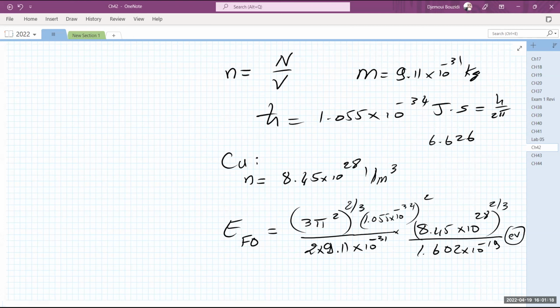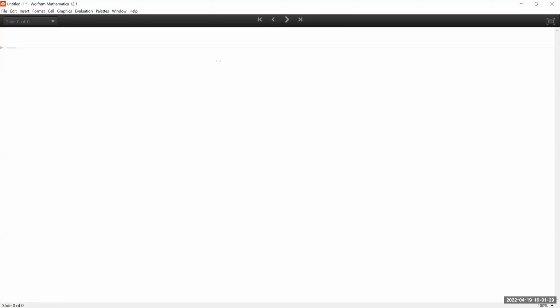So if I do that, let me stop sharing and share Mathematica, and let's plug in the numbers as they are.